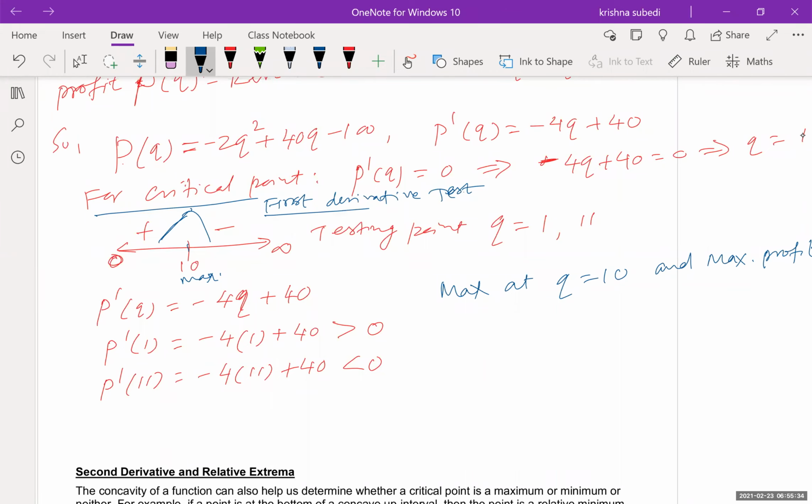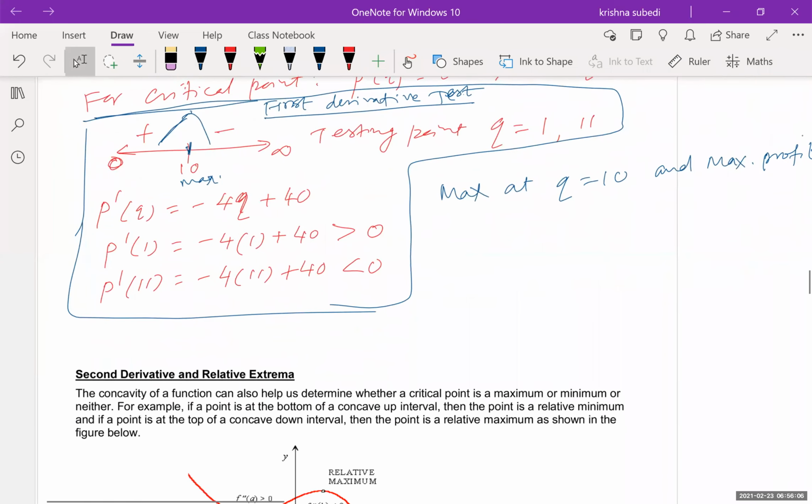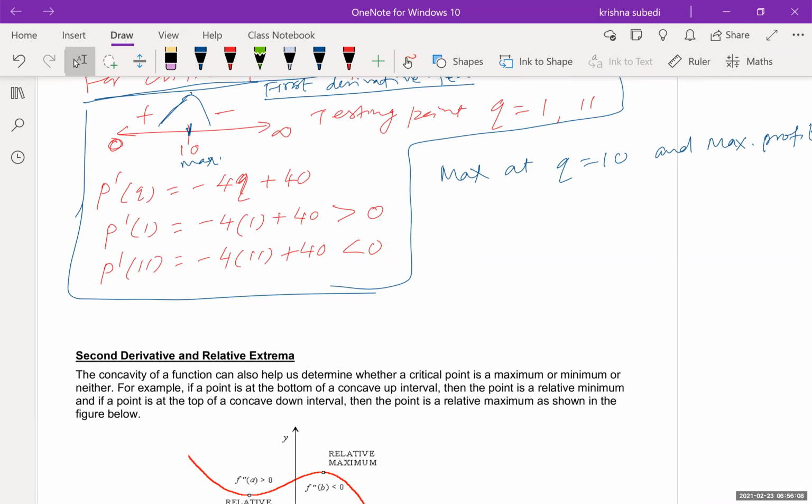What it means is we draw the number line and plot the critical point, and we have intervals on the number line, and we test and analyze the sign, and then we figure out whether that critical point is actually a maximum or minimum. This method right here is called the first derivative test. But sometimes, the second derivative test is a lot easier than this.